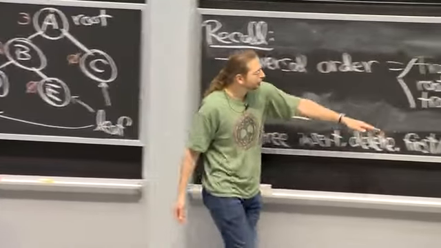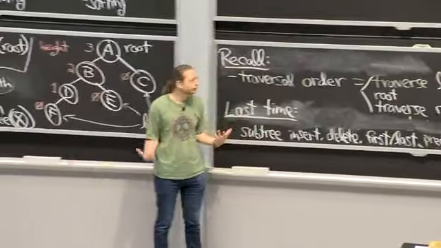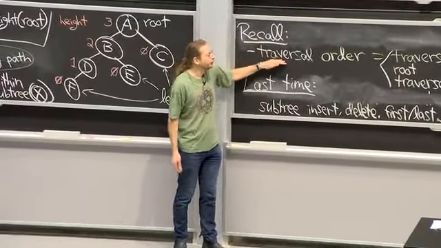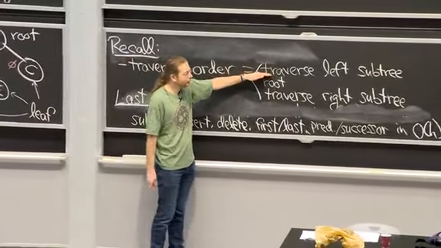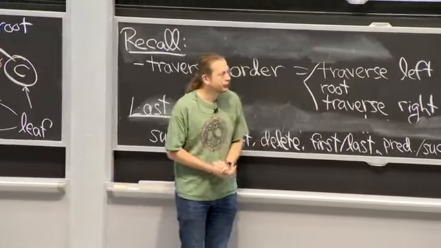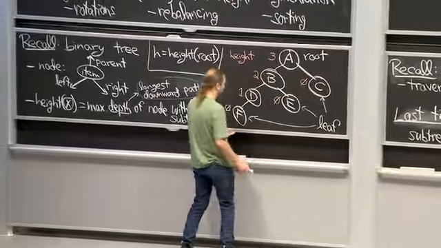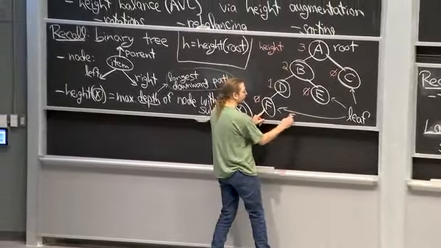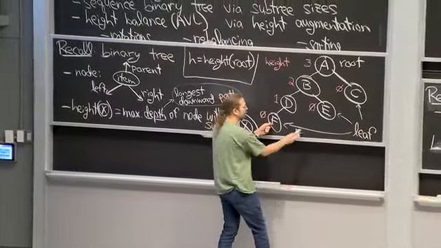And remember, what do predecessor and successor mean? It's talking about an implicit order in the tree, which we call traversal order, defined recursively as: recursively traverse the left subtree, then output the root, then recursively traverse the right subtree. So in this example, the traversal order is F, if you go all the way left, that was first in the traversal order.